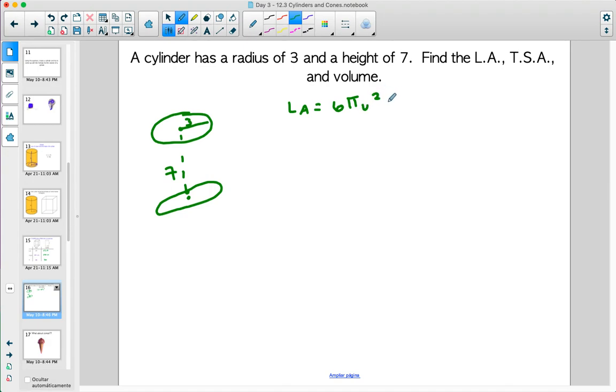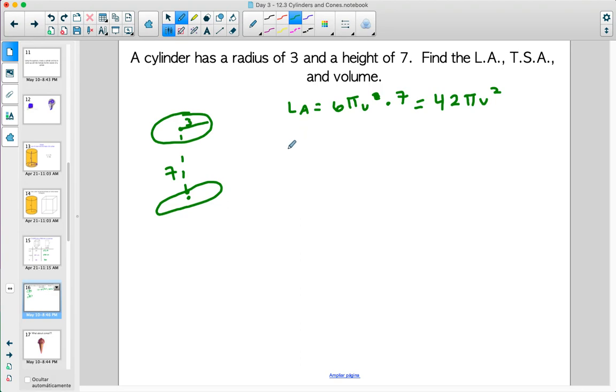And then that's it. 2 pi r times the height. So here's the perimeter portion. Here is the height, okay? So circumference times the height, and that's going to give us 42 pi units squared.